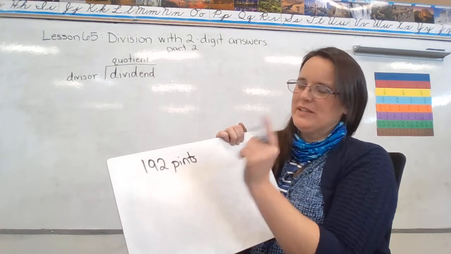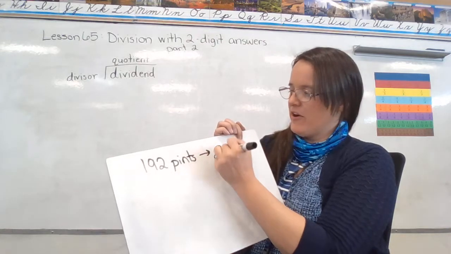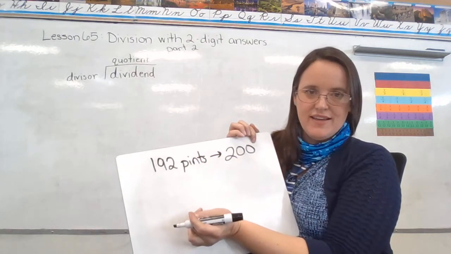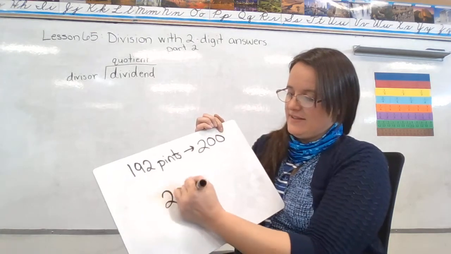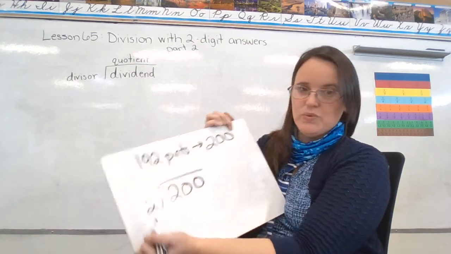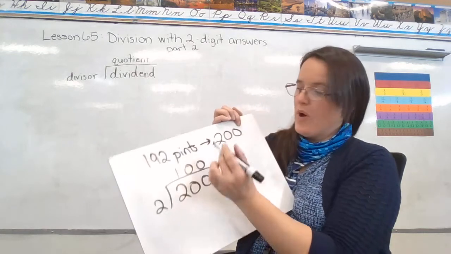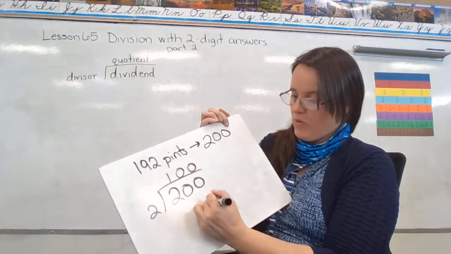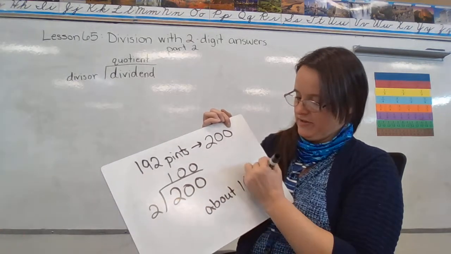But it's going to be really easy if I say, well, 192 isn't that far away from 200. And 200 divided by 2 is 100.